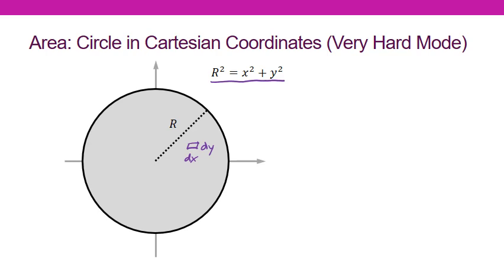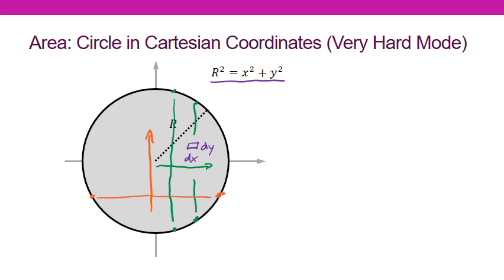And we're going to have to make some choices. We can either integrate along x with the endpoints of our y changing as we go along, or we can integrate along y and have our x endpoints changing as we go along.